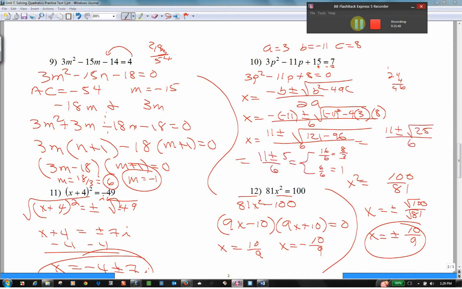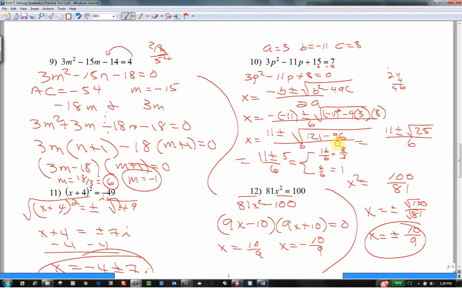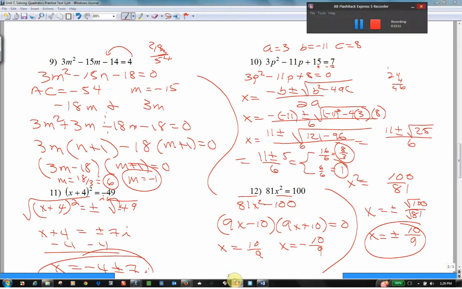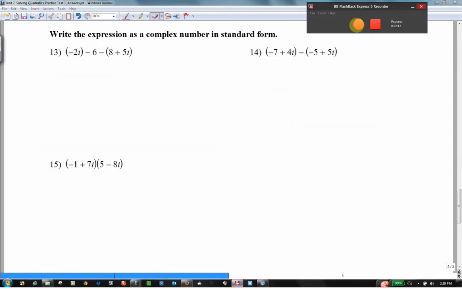Okay, so what I did is I went ahead and worked it out, got 11 plus or minus the square root of 25 over 6. The square root of 25 is 5. So I have 11 plus 5, that's 16 over 6, that's 8 over 3. And then on the other side I have 11 minus 5, which is 6 over 6, which is equal to 1.